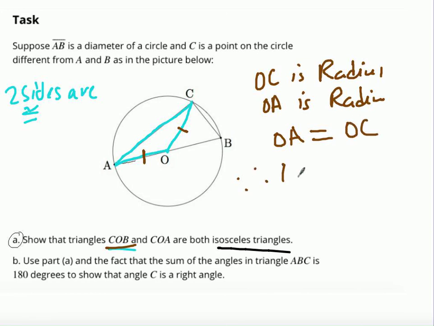Therefore, triangle COA is isosceles. So this side is congruent to this side, and this angle is congruent to this one if this is the base. Therefore, this must be an isosceles triangle. That's how we show that COB and COA are both isosceles.